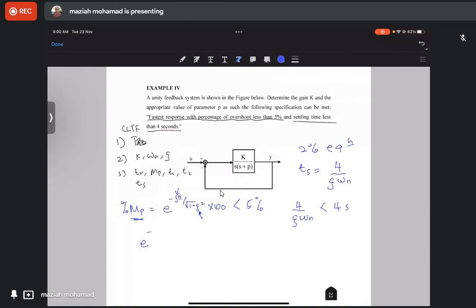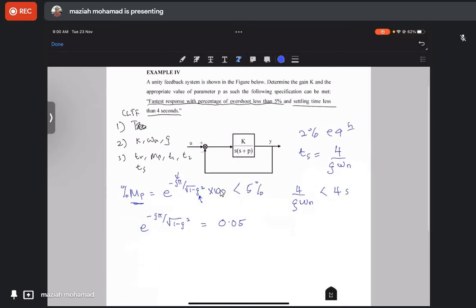Therefore, less than 5% means exponent negative zeta pi over square root 1 minus zeta square will be equal to 0.05. We just omit the percent here. You know how to cancel the exponent: we take ln of both sides, negative zeta pi over square root 1 minus zeta square equals ln 0.05.